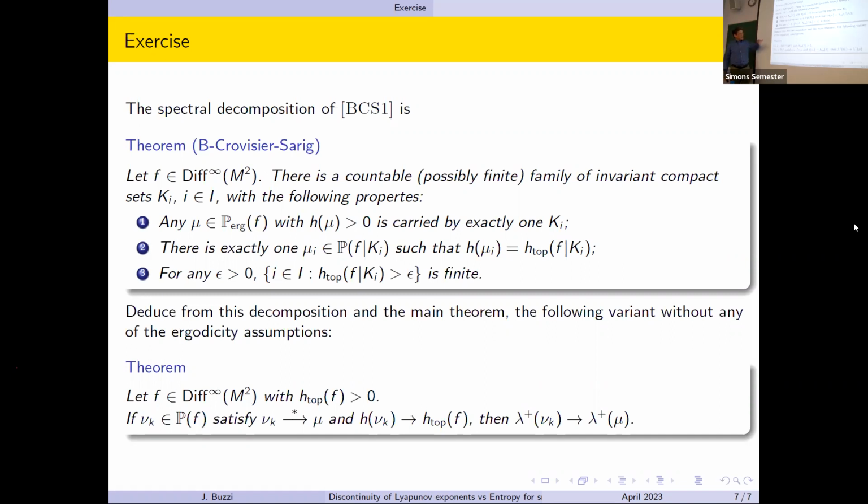Okay, so the exercise is to use this decomposition to see that once you have the main case of the theorem, where you assume that you have a sequence of ergodic measures converging to an ergodic limit with entropy going to the topological entropy, then in fact you can just forget about ergodicity and get this stronger statement: if you have a converging sequence of measures such that the entropy converges to the topological entropy, then the Lyapunov exponent also converges.